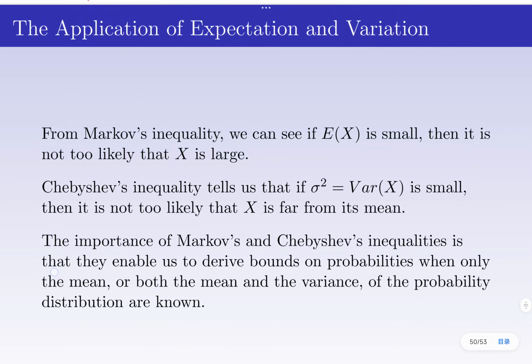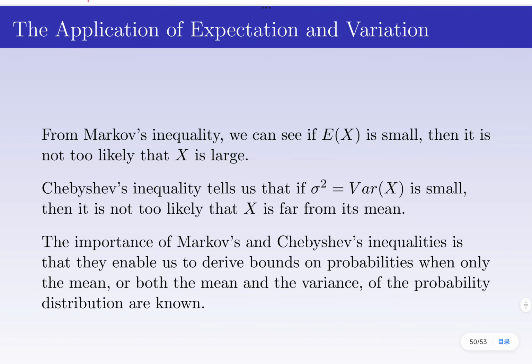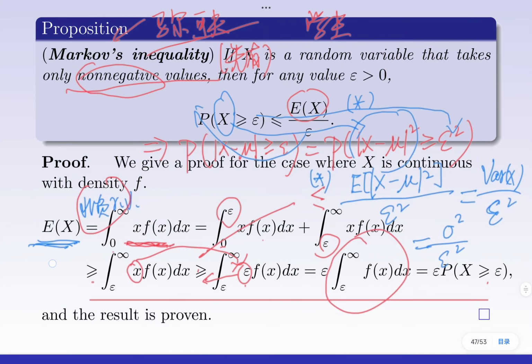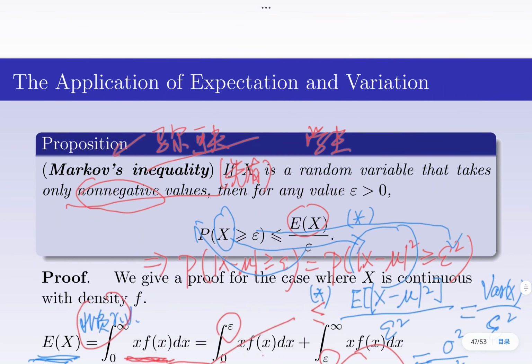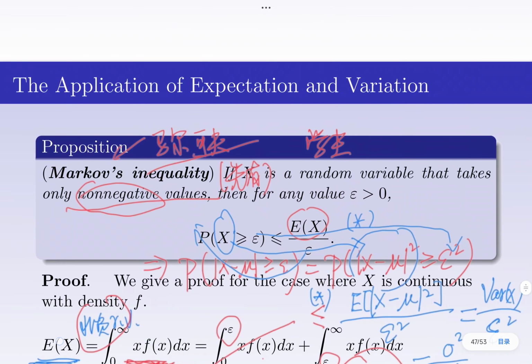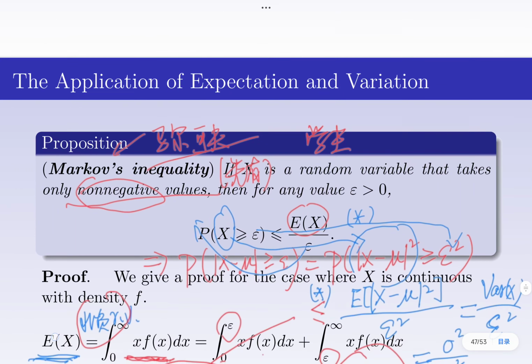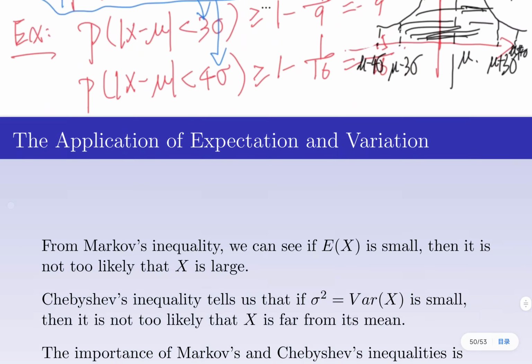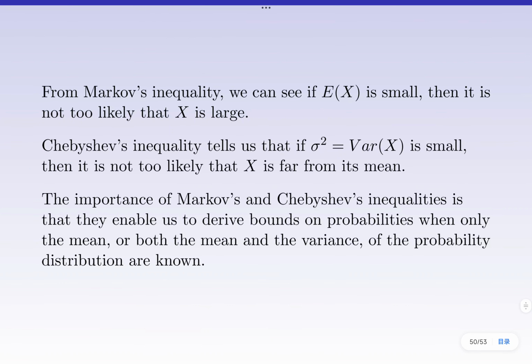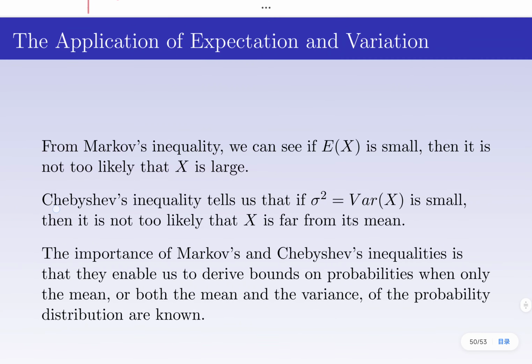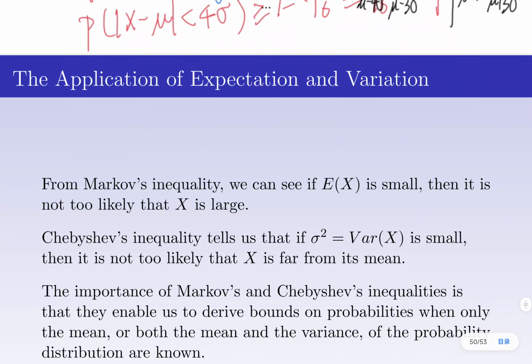There's something from Markov's inequality. We can say that if the variance is small, it is not too likely that x is far from the mean. If something is small, then it's not too likely x is far from the mean.